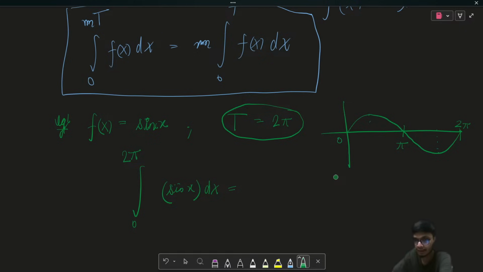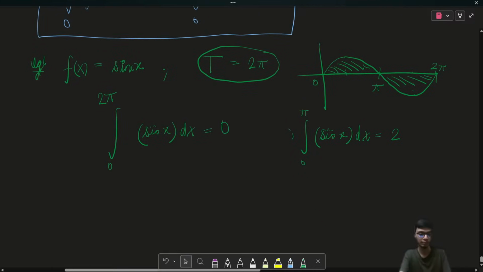The interesting part to follow is that the integral over the whole period from 0 to 2 pi is going to be equal to 0, because this particular area is going to be equal to this particular area with opposite sign. And what is the value of this area? If you integrate sin x dx from 0 to pi, the result is equal to 2. So please keep this result in mind, because it is a very useful and important result.